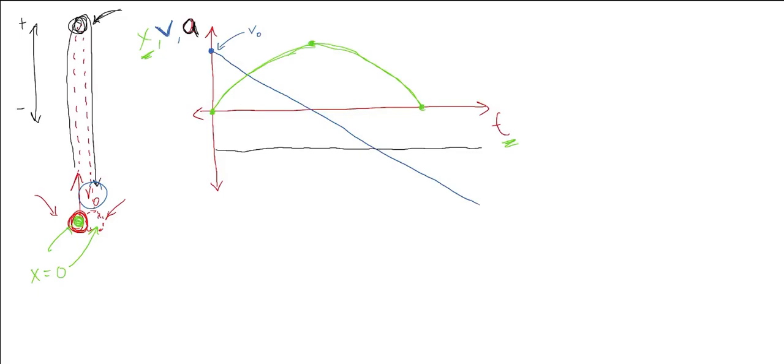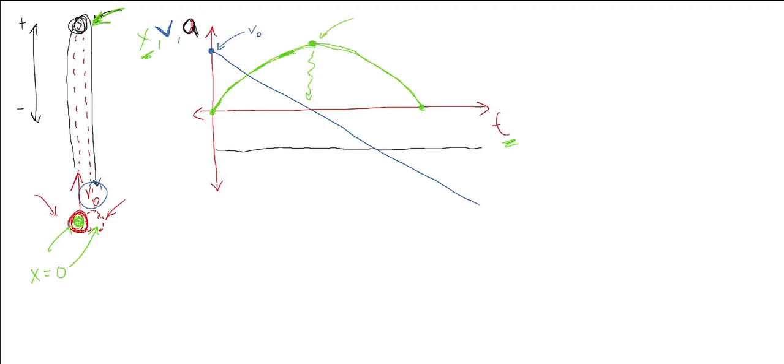We've looked at these situations before, but to reiterate, the velocity is large here at the beginning, and so the slope of our x versus t line here is quite steep. And then the velocity gets smaller as we move down the curve, and so the slope of our x versus t graph gets flatter and flatter until right at the very top, when the velocity is briefly 0, we're at our maximum height.